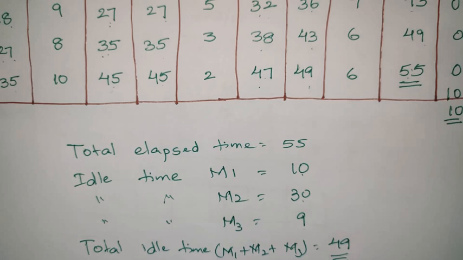The only thing we need to do is convert a 3 machines problem into a 2 machines problem by satisfying either one of the 2 conditions, and after converting into a 2 machines problem we should find the sequence using Johnson's algorithm, and then with the usual table we are going to find the total elapsed time and idle times on each machine, right?